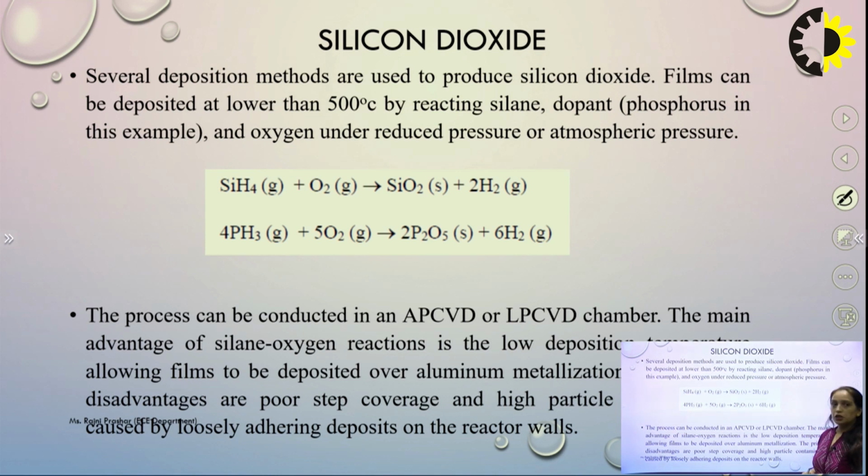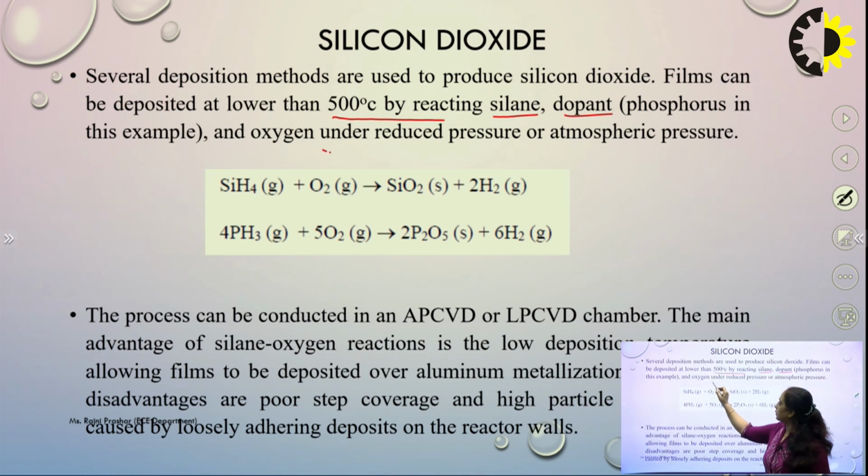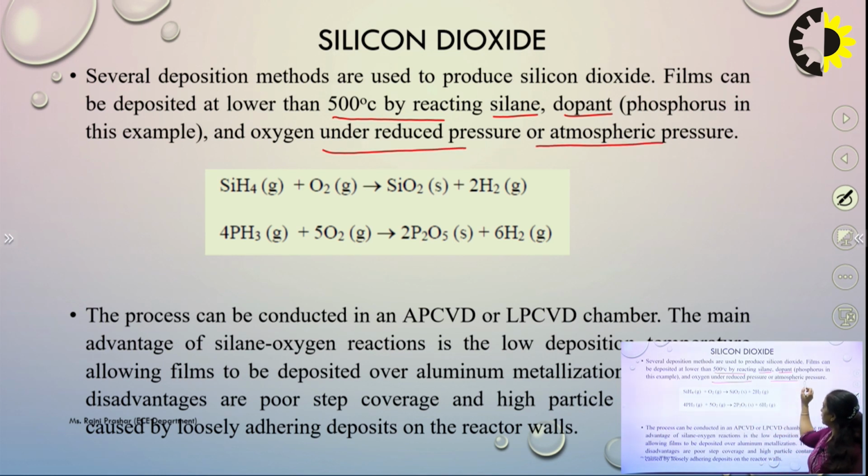Several deposition methods are used to produce silicon dioxide, and the film can be deposited at a temperature lower than 500 degrees C by reacting silane with dopants such as phosphorus. In this example, we are taking phosphine and oxygen under reduced pressure or atmospheric pressure.